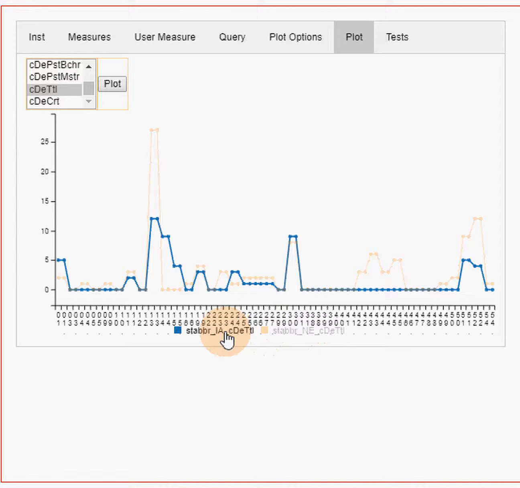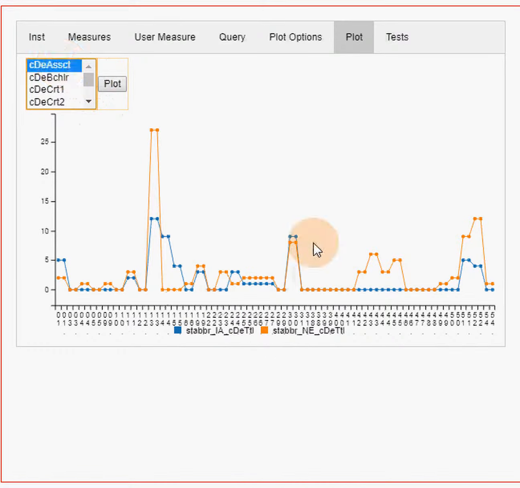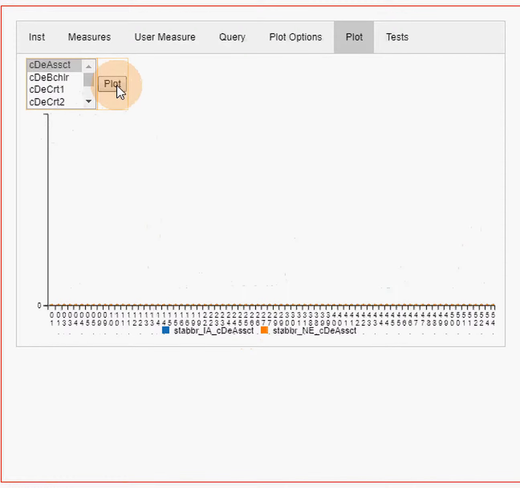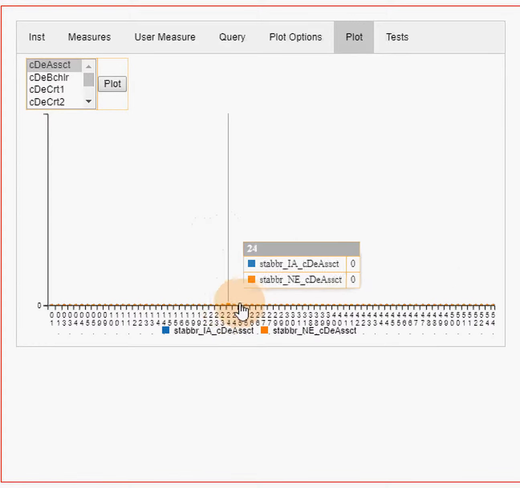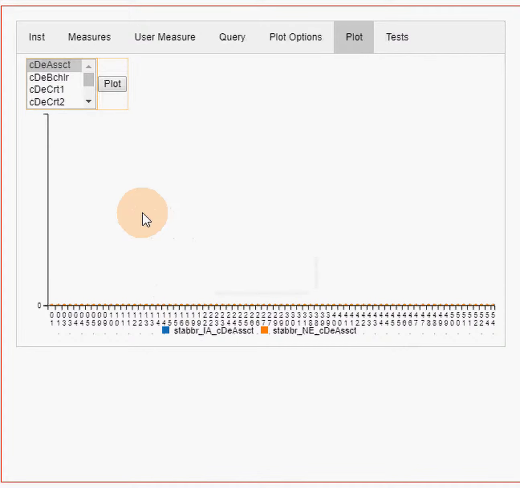Now suppose we look at the associate degree, and we do a plot. And you notice all of them are zeros. So what that tells you is that for Nebraska and Iowa, their 4-year institutions do not award associate degree.